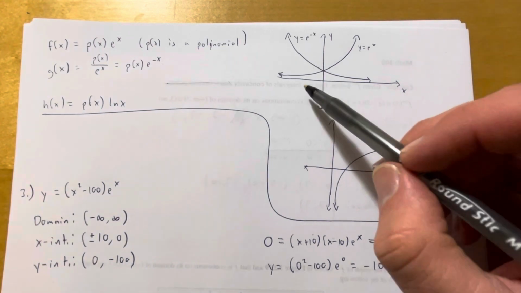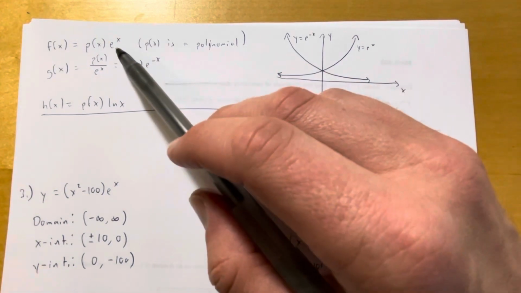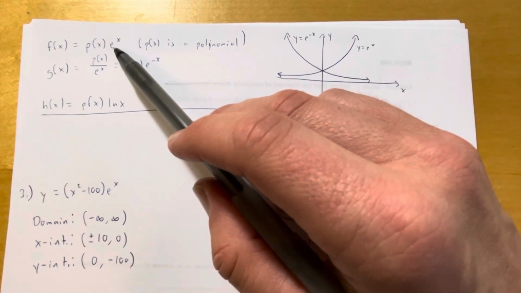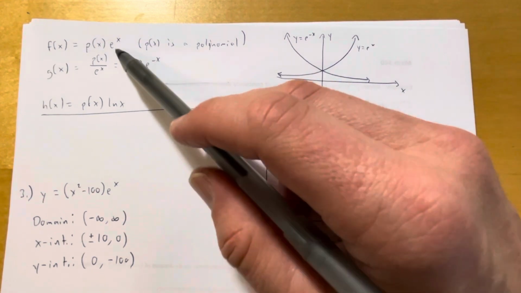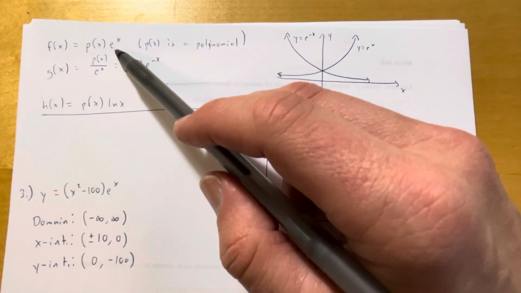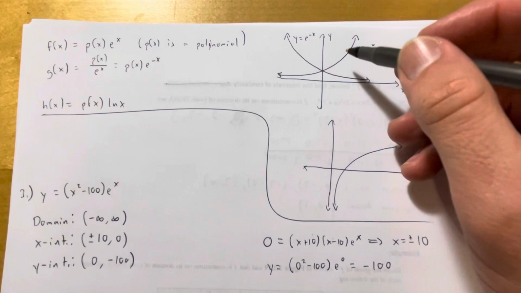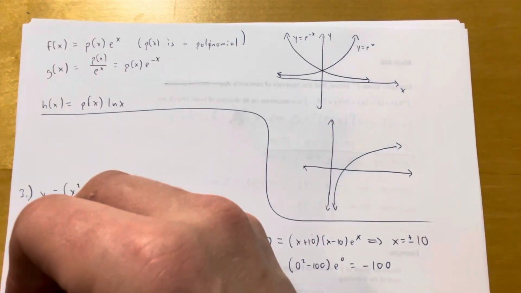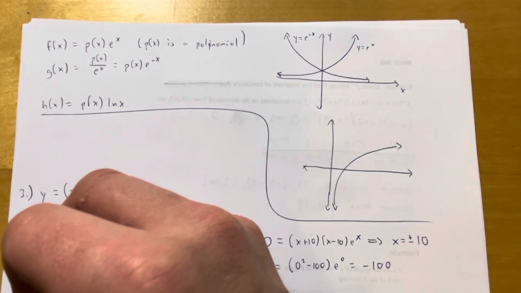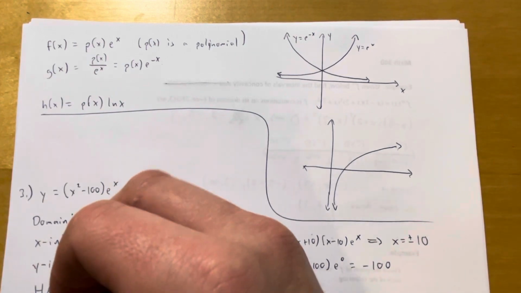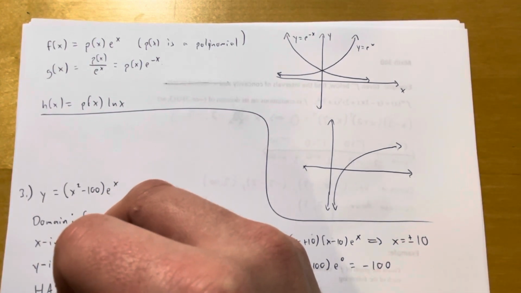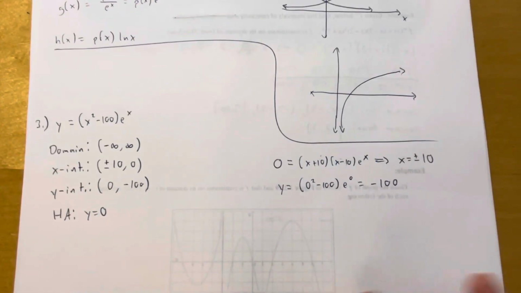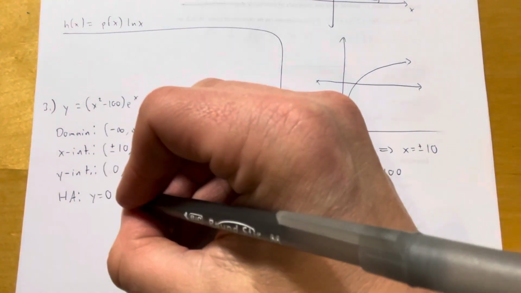So in particular, it will still have the same horizontal asymptote that e to the x has, because e to the x will always overpower any polynomial. So if e to the x has a horizontal asymptote at y equals 0, then so does this function at y equals 0. Now this is not a typical notation, but I tend to do this.